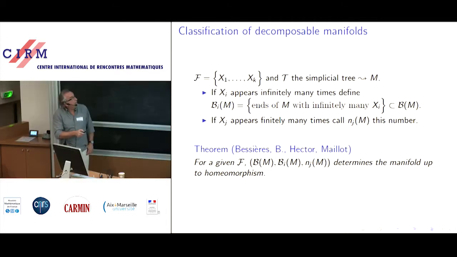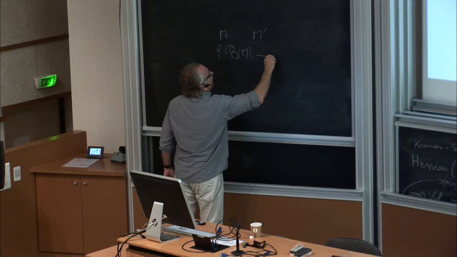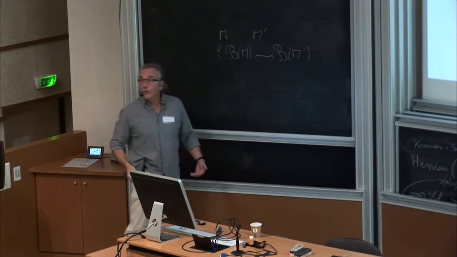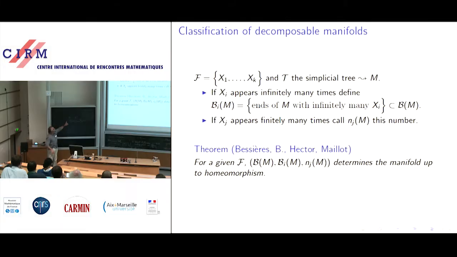So two manifolds M and M' are homeomorphic if there exists a homeomorphism between these two Cantor sets, well, they are always homeomorphic, but if there exists a homeomorphism which changes all Bi on one side to the Bi on the other side. And if, furthermore, all the numbers, which are finite numbers, are the same, with the same index.